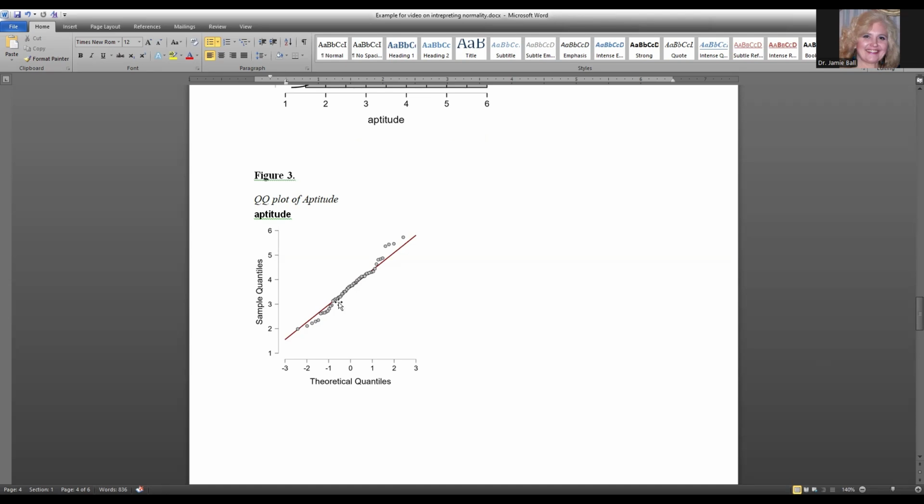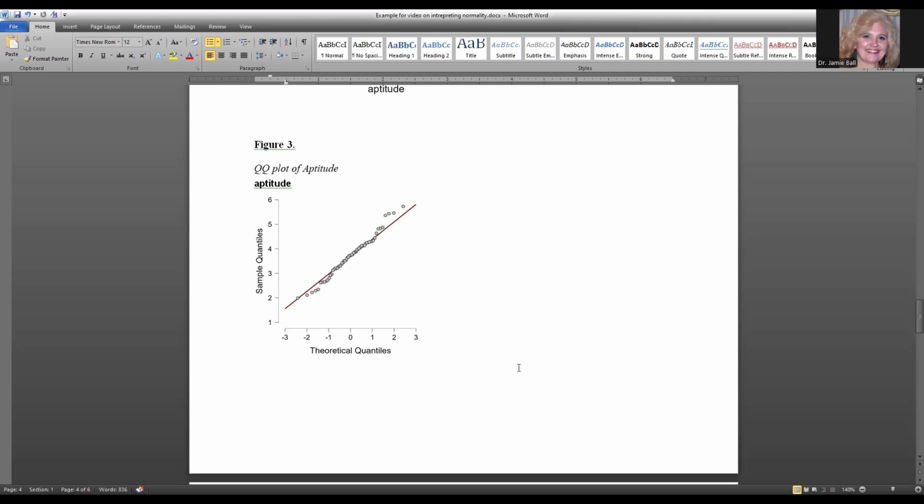If these points were below the line, I'd have a negative skew. But this is slight. This all follows the line closely, so I'd still say approximately normal. If I had lots of data points on either end, I'd say that we had kurtosis violated, heavy tails, right?